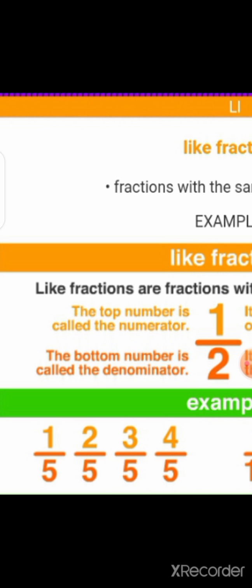What are the numerators? Numerators are 1, 2, 3, 4. All the numbers written above the dividing line are called numerators, and the numbers below the dividing line are called denominators. So all the denominators are the same. It means these are like fractions.